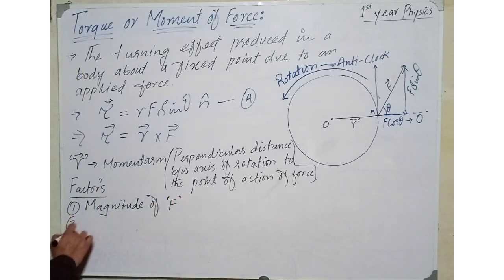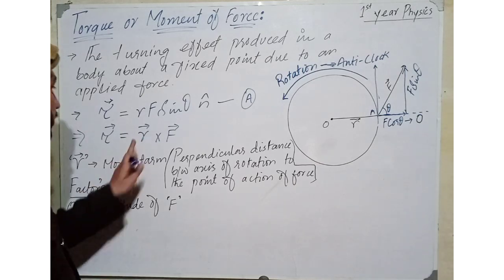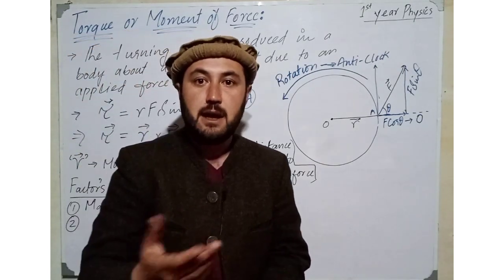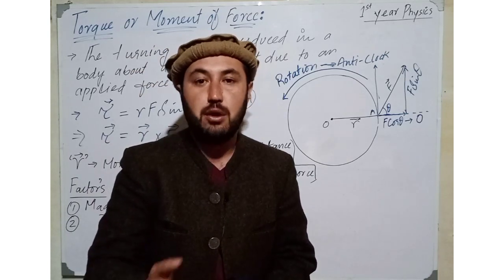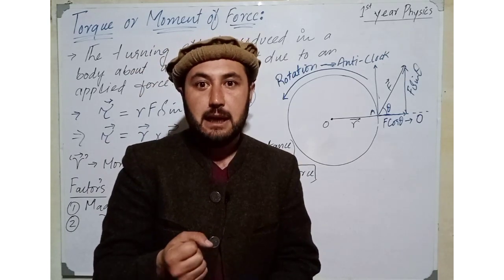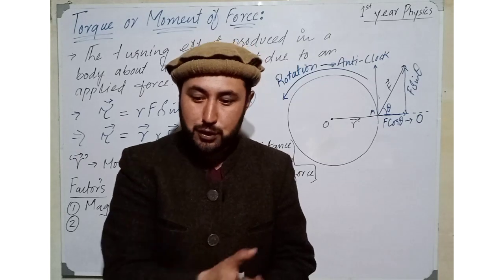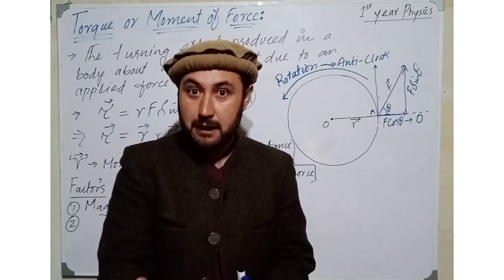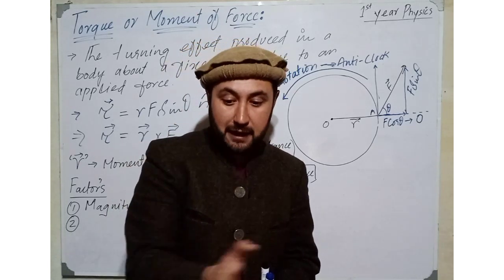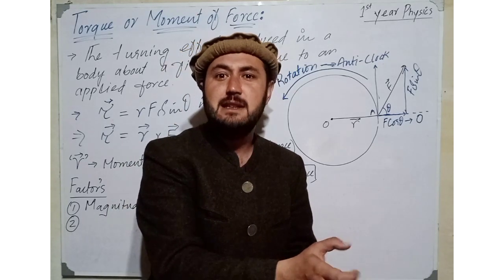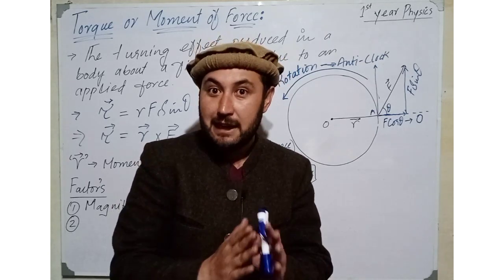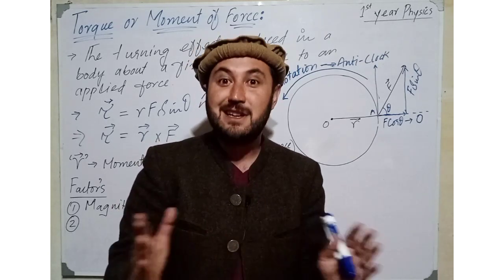Now, what about the second factor? The second factor is obviously the moment arm. If we want to open a door by applying a force close to the axis of rotation, it will be hard, right? On the other hand, if we apply force away from the axis of rotation, we can easily open such a door. So what we are actually doing is changing the moment arm.